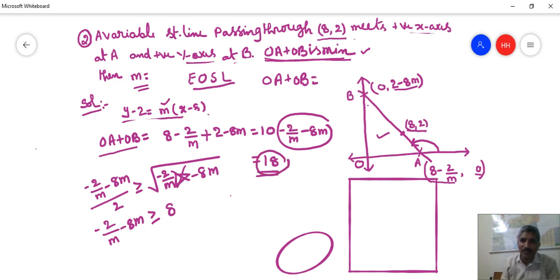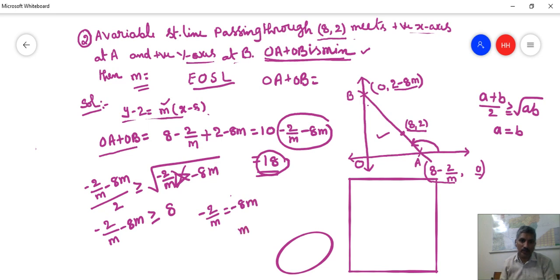But when is it possible to get that minimum value 18? Arithmetic mean is always greater than or equal to geometric mean. Equality is possible only when those two numbers are the same, right? So that's why minus 2 by m must be equal to minus 8m.